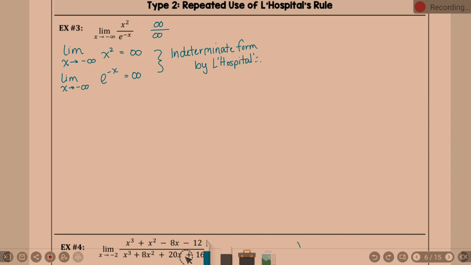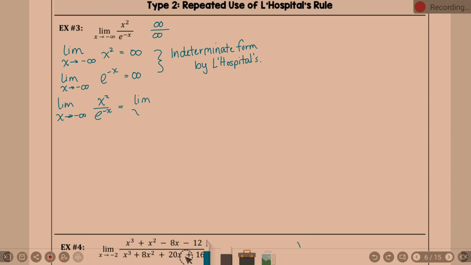So what are we going to do? The limit as x approaches negative infinity of x squared over e to the negative x. I just rewrote my original limit. And it's going to be what?